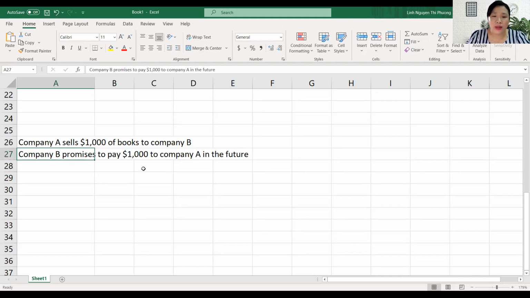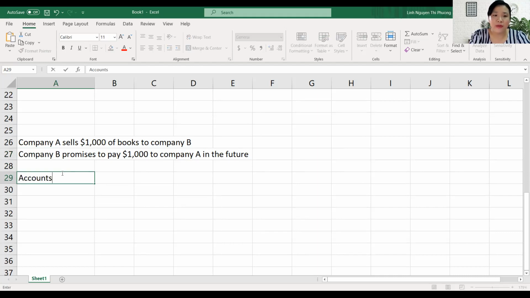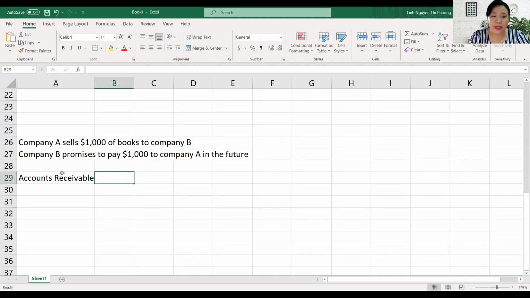So this $1,000 becomes account receivable of $1,000 in company A. Okay, so what does it mean by account receivable?